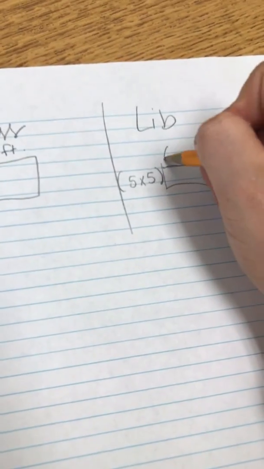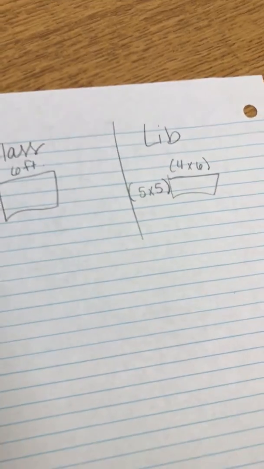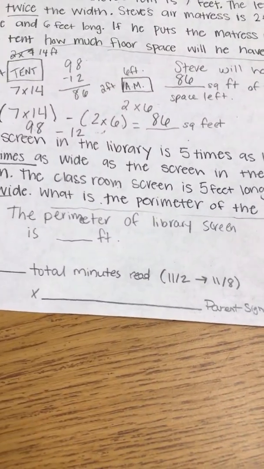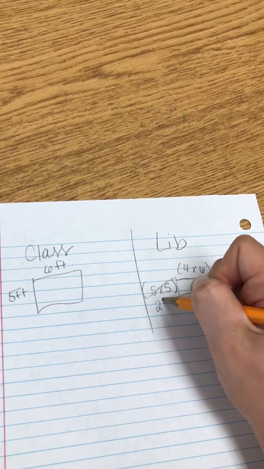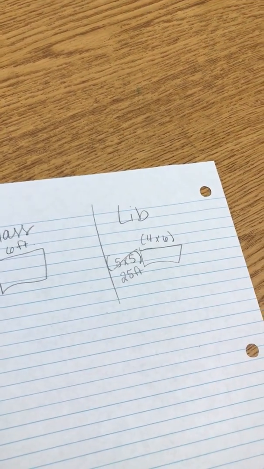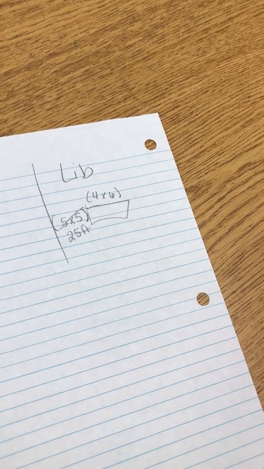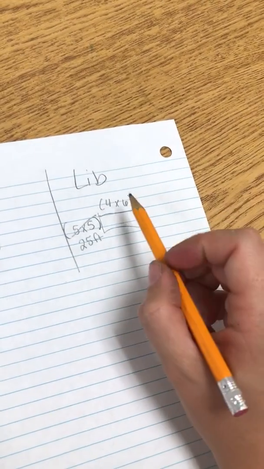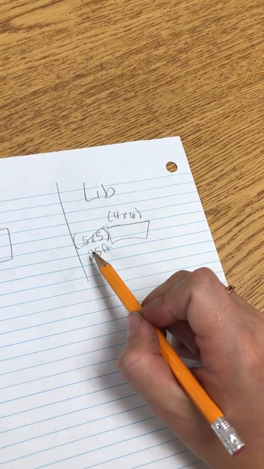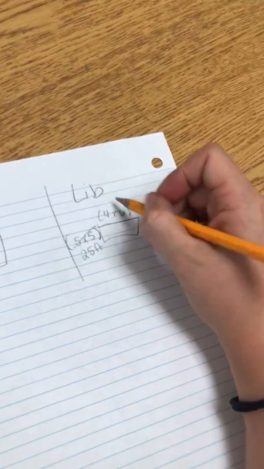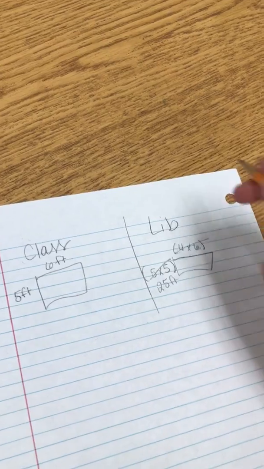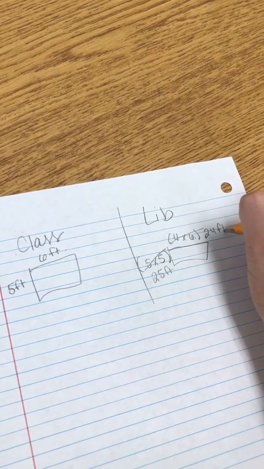So 4 times 6. I'm trying to figure out the perimeter of the library screen. So the length of the library screen, 5 times 5, that gets me 25 feet. I'm going to flip-flop those words. This is supposed to be length. This is width. My bad. Okay. The other side of the library screen, 4 times 6, that'll get me 24 feet.